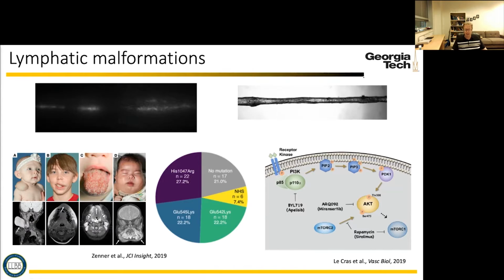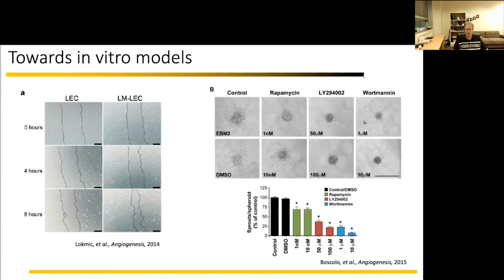In vitro models of the disease could be quite useful in understanding the mechanism, as well as exploring new therapeutic options. And so there are a variety of models that people have used in vitro. The most straightforward is that there have been groups that have isolated endothelial cells from lymphatic malformations and shown that if you plate these and expand them, they do exhibit hyperphosphorylation of AKT pathways, and then they are more proliferative.